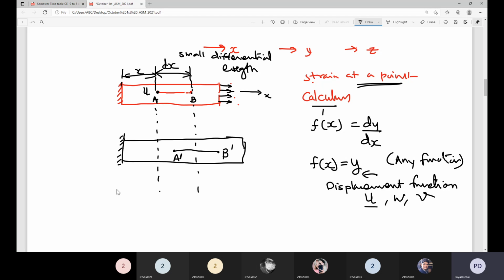Now how much is the change in the function value? So you may observe here, change in the function is dy. Okay, change in the function is dy. Small change in the function's value. dy is what? f dash x times dx.